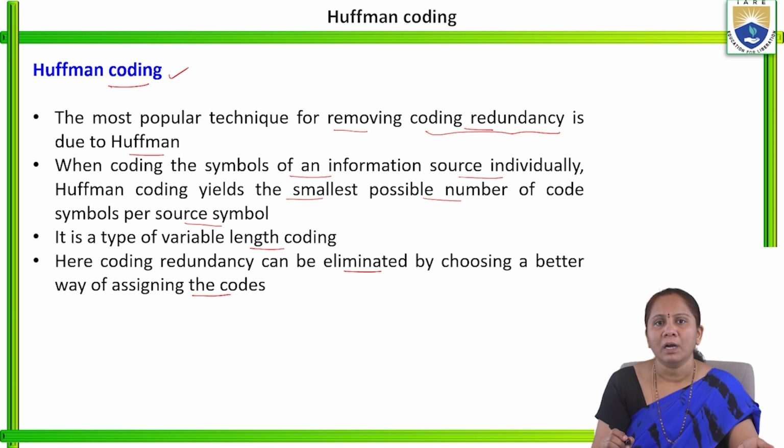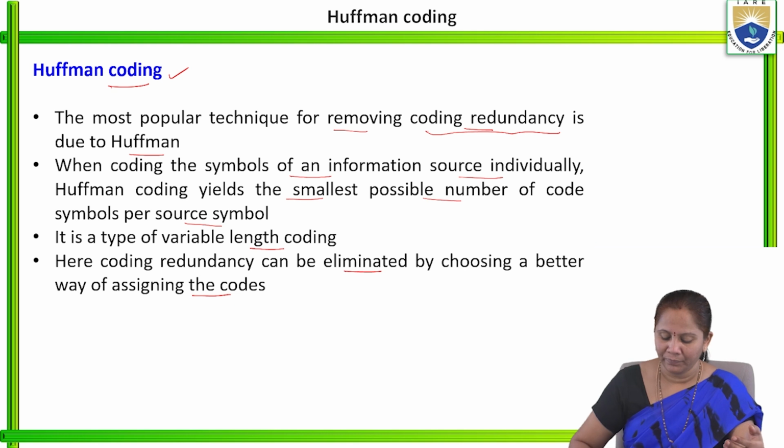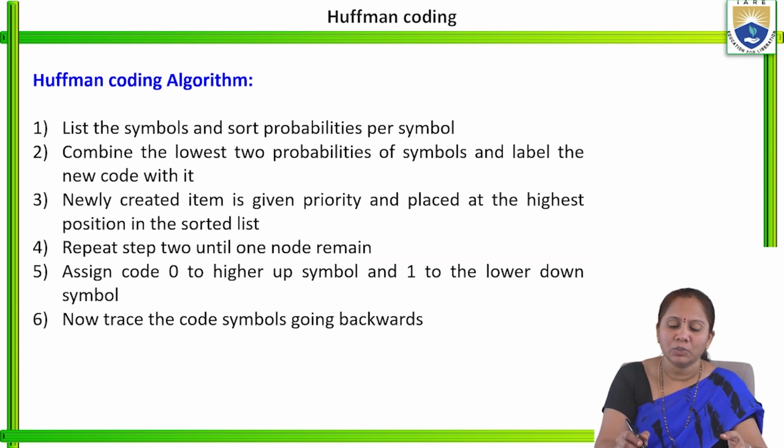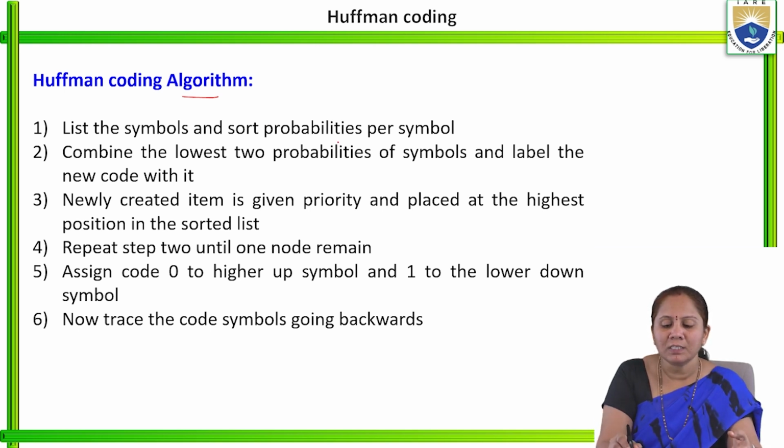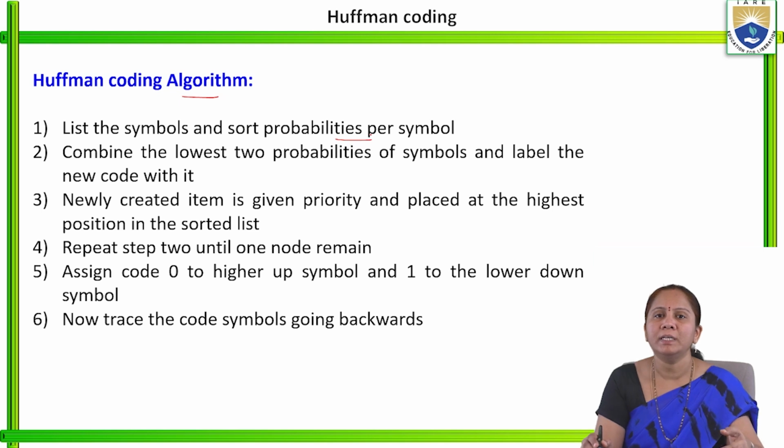Now to perform Huffman coding, we will see the algorithm we have to apply. Here is the Huffman coding algorithm, which consists of several steps. In step 1, we list the symbols and sort the probabilities as per symbol.